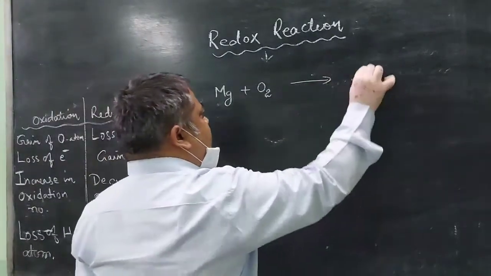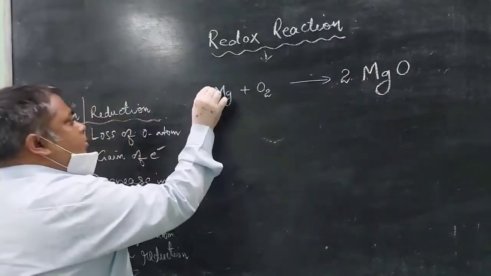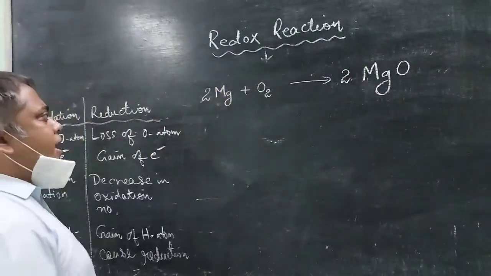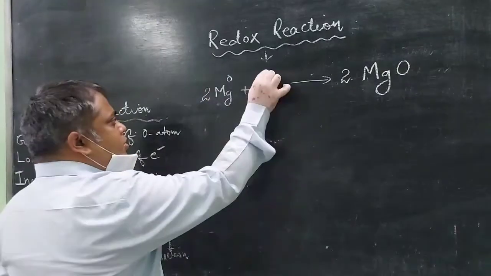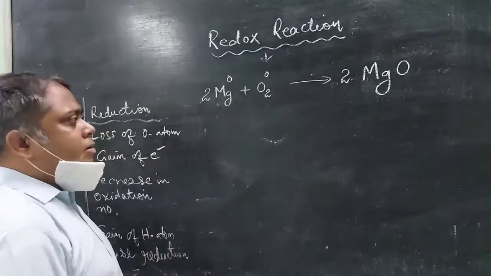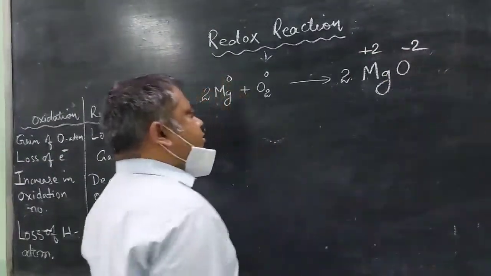It forms MgO. The charge on one magnesium atom is 0 and the charge on one oxygen molecule is 0. It is neutral. But here it is in the +2 state and it is in the -2 state.